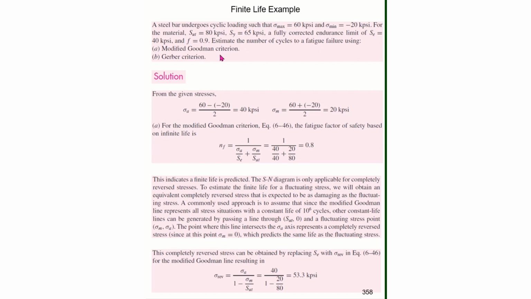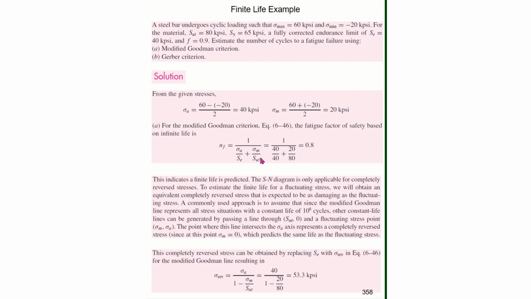So to do this, we first need to compute the stresses, the alternating and the mean components, and then plug them into the Goodman equation and compute our safety factor. From the given information, we can determine our alternating stress, which is the difference of the max and the min divided by 2. And then we can determine our mean stress by the sum of the max and the min divided by 2.